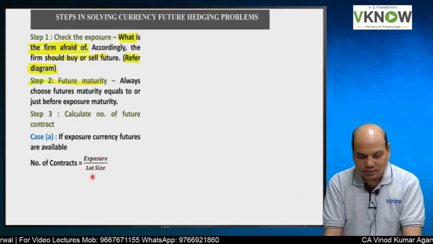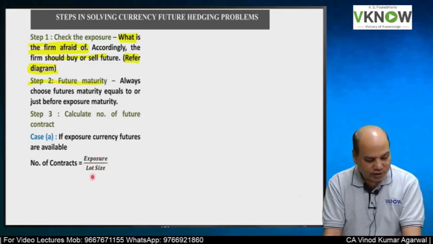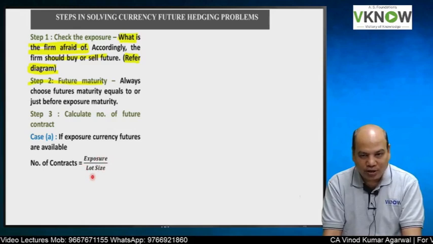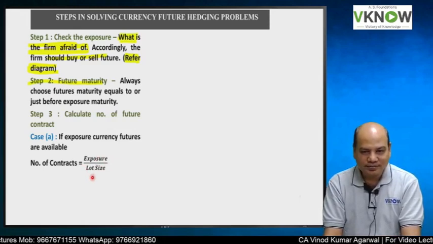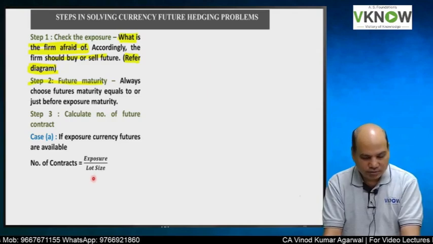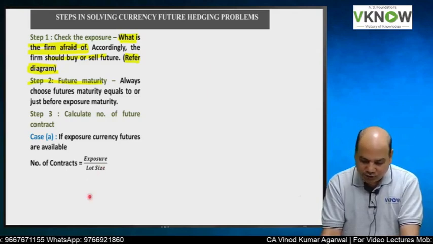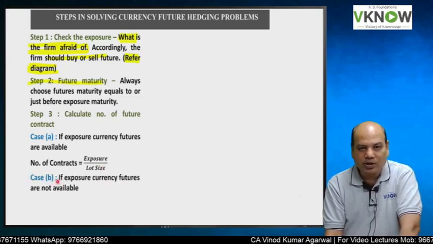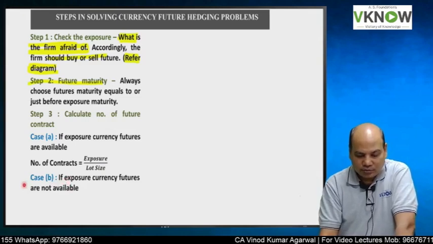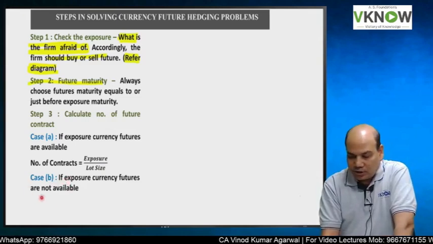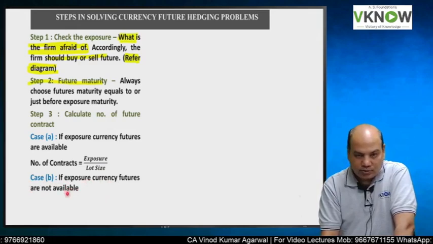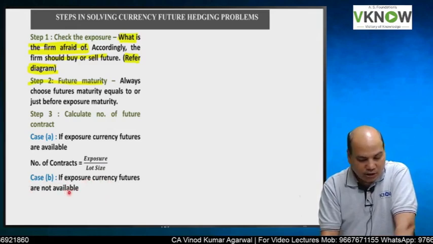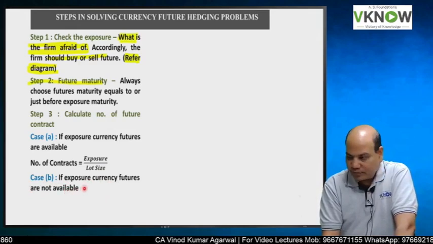But this formula I will not apply. Sir, why? Because my lot size is not given in dollar. My lot size is given in rupees. So the next formula will be applicable in this question. Case B, write down. If exposure currency future are not available, which is applicable to our question number 8.